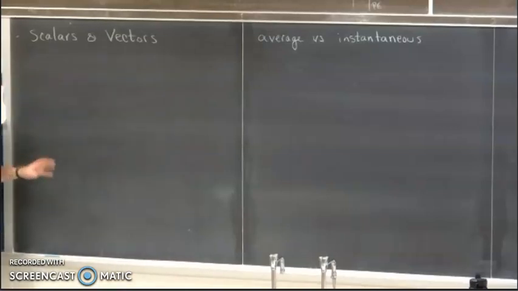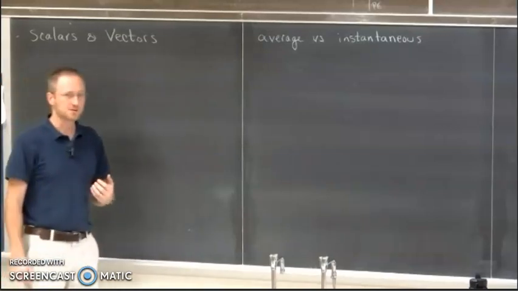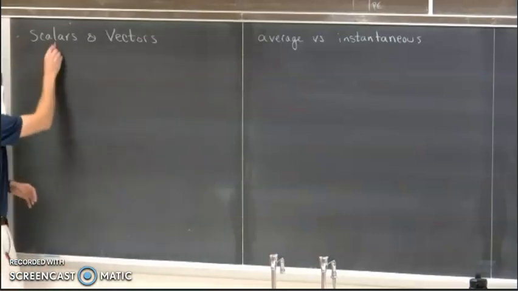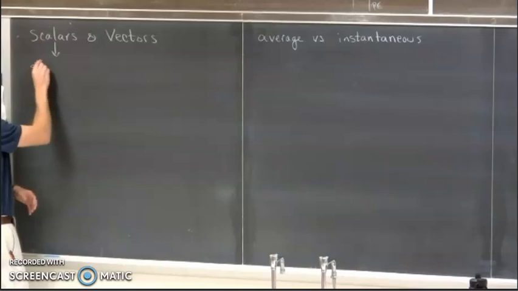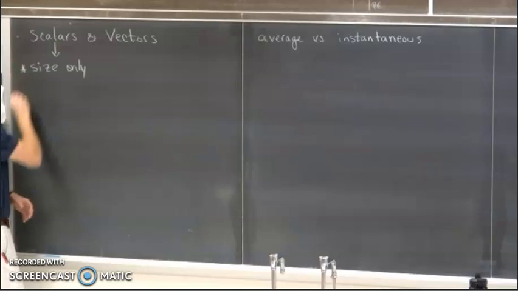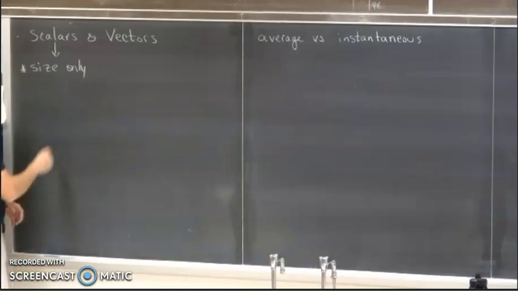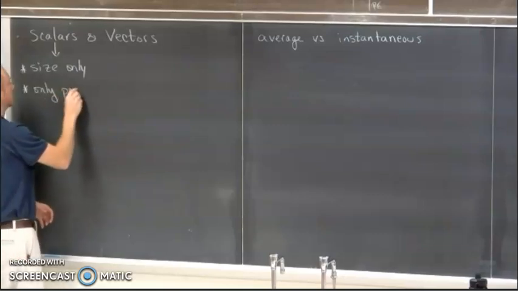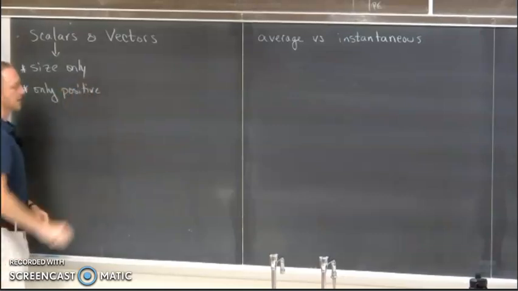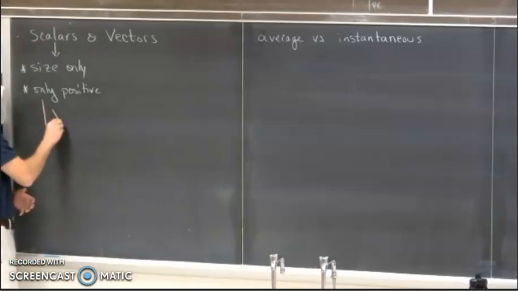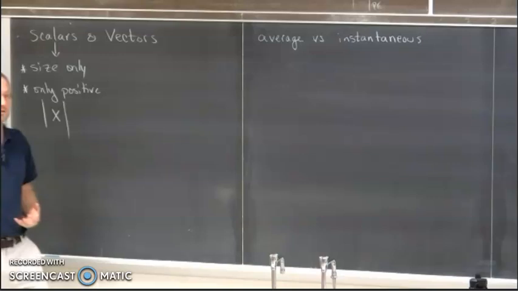All right, scalars are those things that only have size. So size only. And because they are size only, they're also only positive. They are their absolute value. Absolute value of quantities.